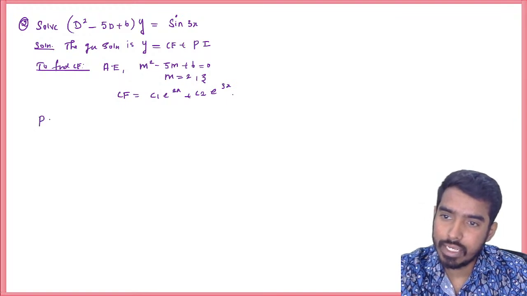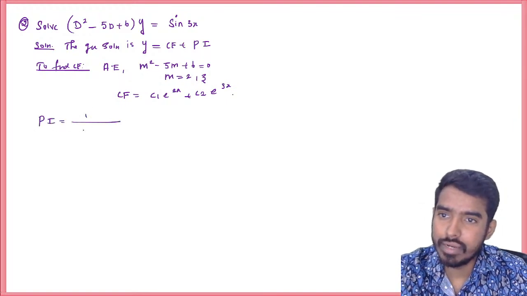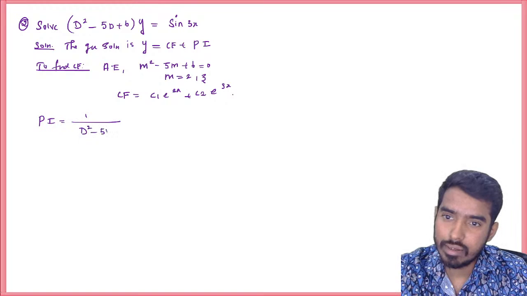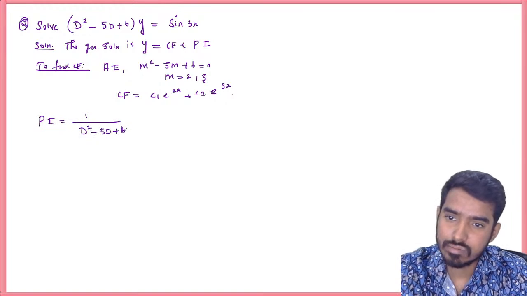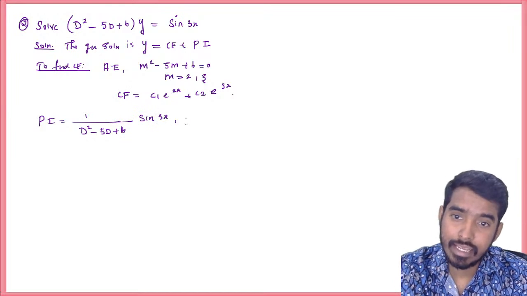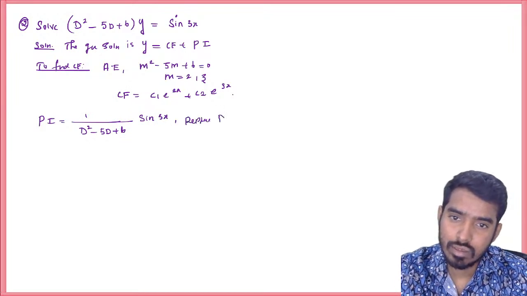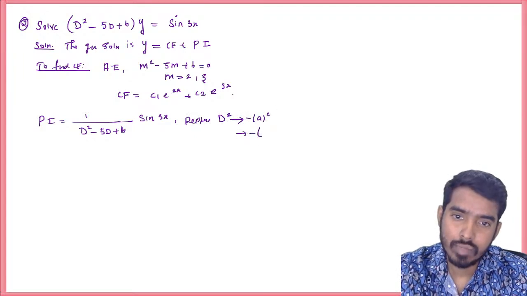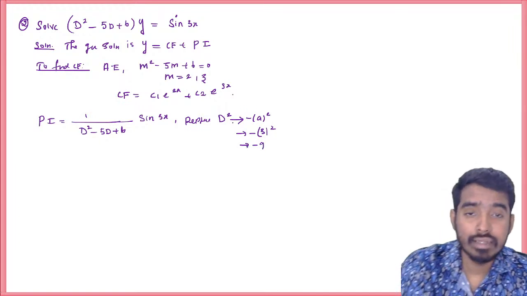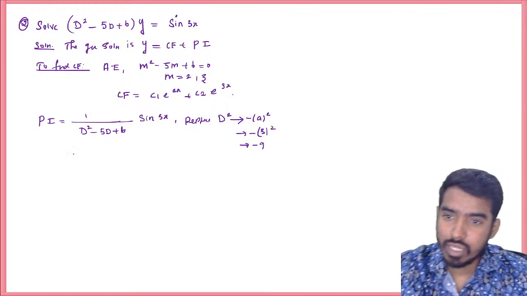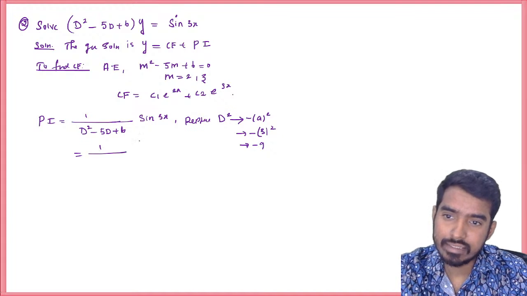Now to find PI, PI is 1 divided by D square minus 5D plus 6 into sin 3x. So here it is sin ax, right? So replace D square by minus a square, so it is minus 9. Remember, it is always negative. So replace D square by minus 9.